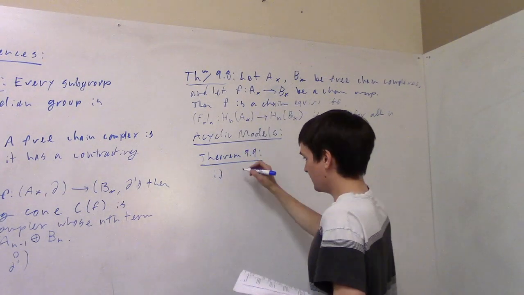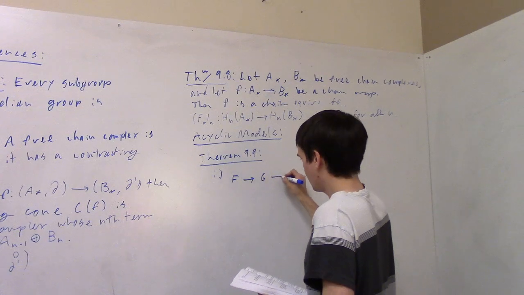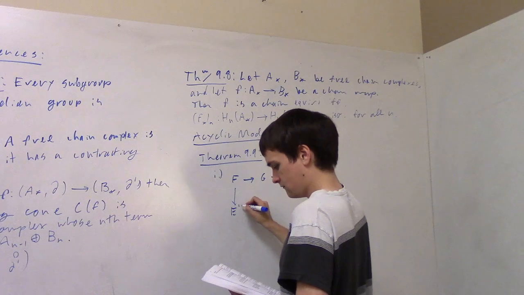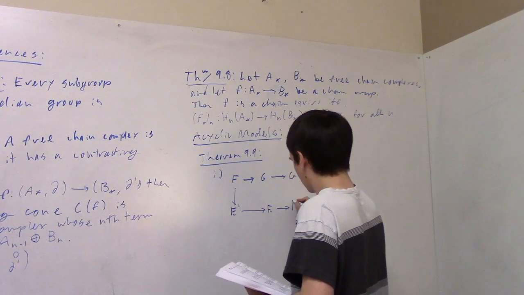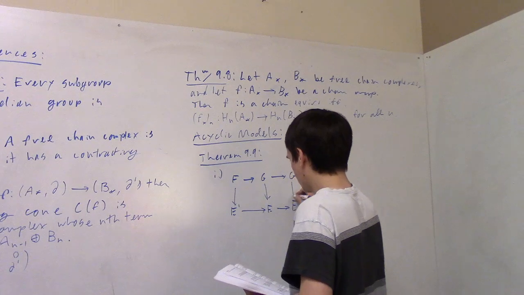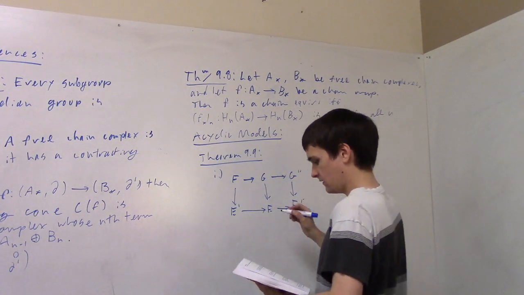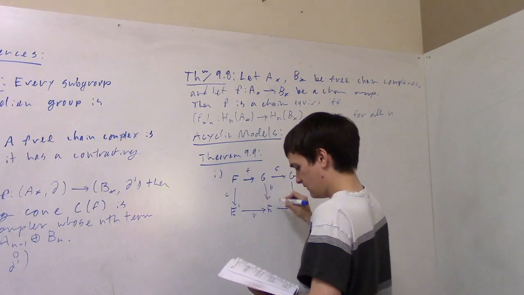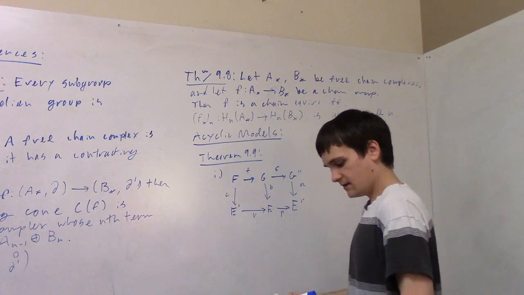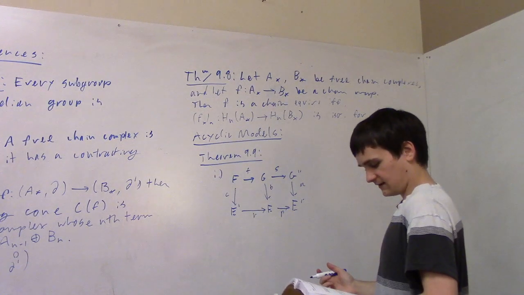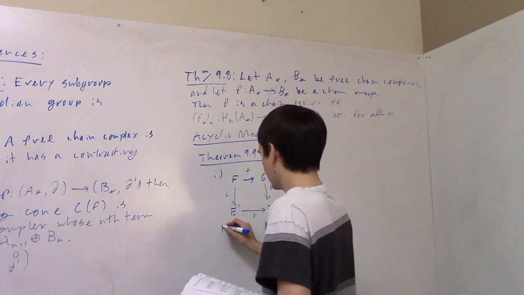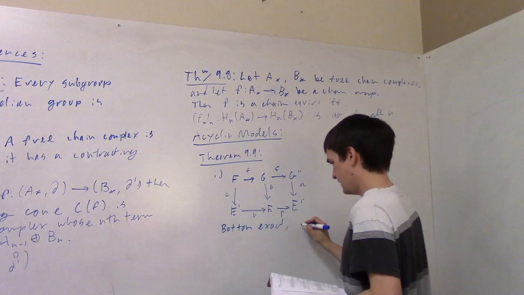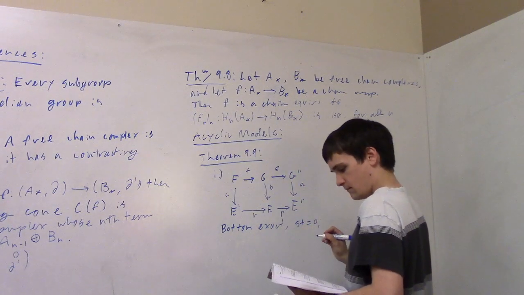Consider the commutative diagram of abelian groups. So you've got T, S, C, R, B, P, A. So the bottom row is exact, and ST equals 0.